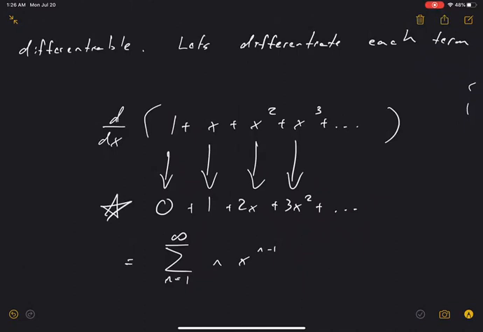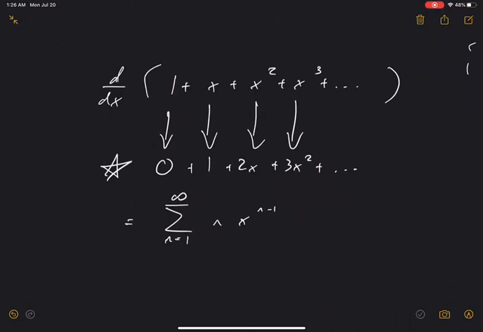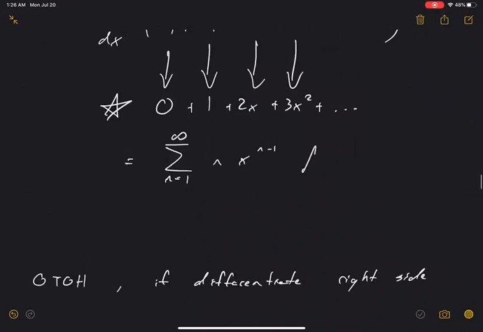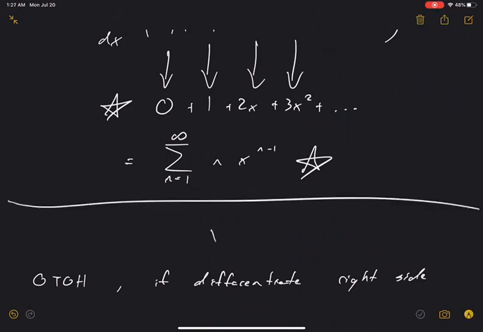And how can we rewrite it? It's just n times x to the power n minus 1. Forget about series for a second: if I have x to the power n and I differentiate it, it would be n times x to the power n minus 1.